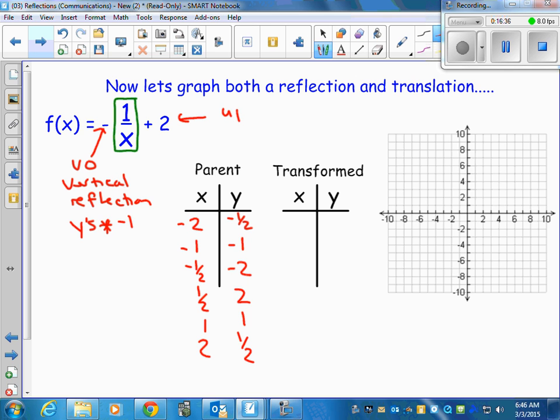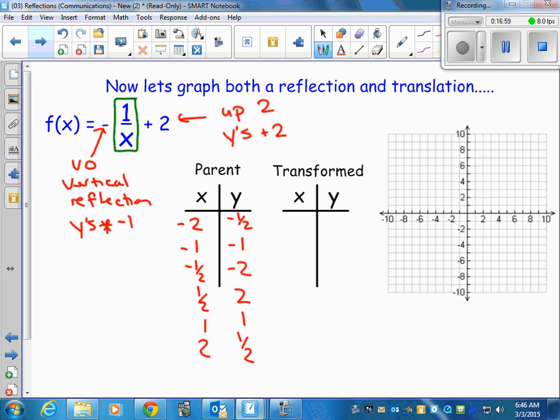And then we have an up 2 movement, or our y values +2. So now we perform this transformation. We can do it on the table initially. We multiply by a negative 1, and then we add 2 to each of the values.